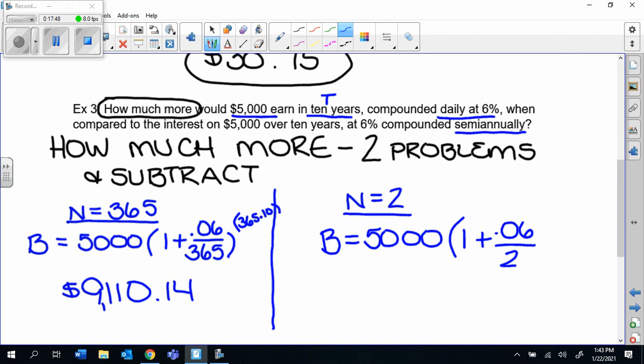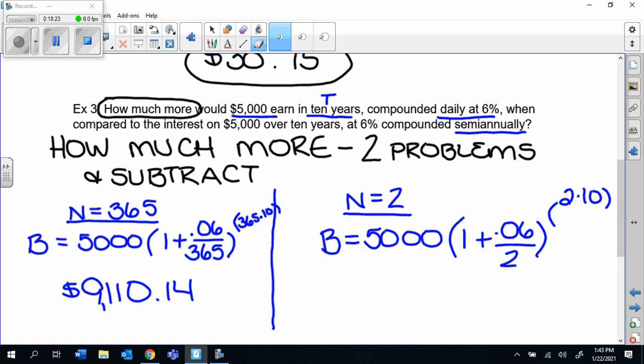This one changes to semi-annual. Don't clear your calculator. If you look up real quick, there's a point I'm trying to make here, even if you're ahead of me. What's the only thing that changed? You don't have to answer out loud. These 365s changed to 2s. Literally everything else stayed the same.